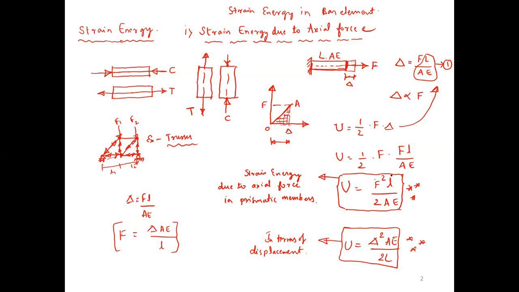F and L. So the equation is written as U equals summation of i equals 1 to N, N numbers, Fi square Li divided by 2AE.